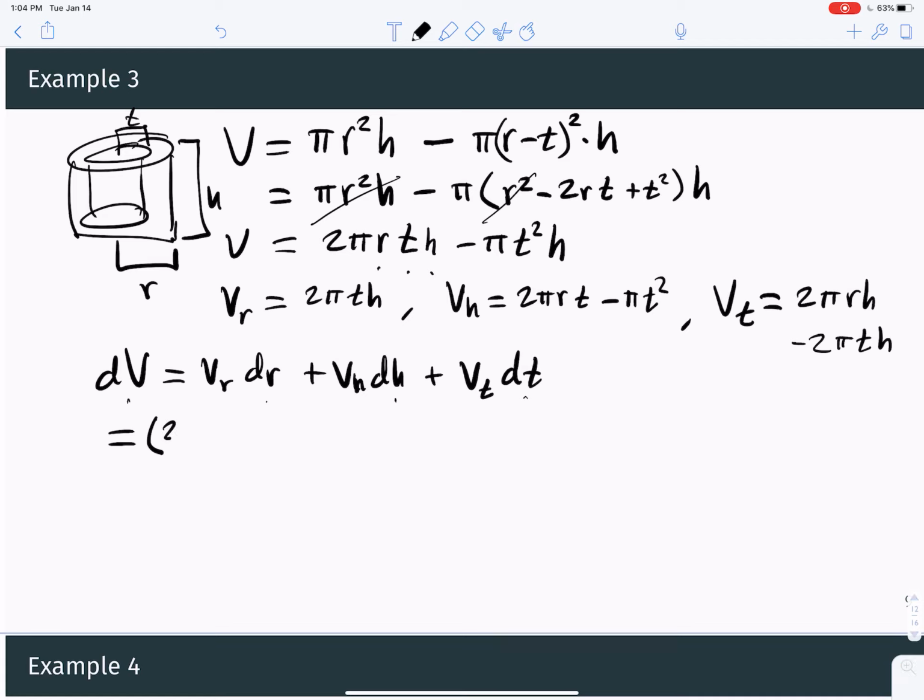So we have 2 pi t h dr plus 2 pi rt minus pi t squared dh plus 2 pi rh minus 2 pi th dt.